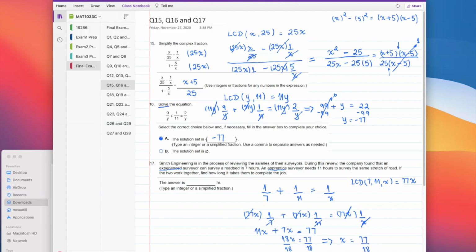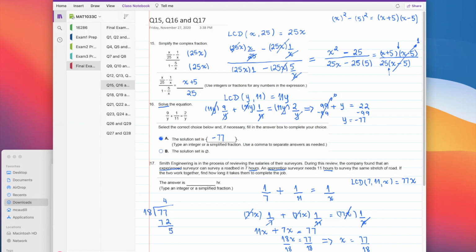What does this x represent? It represents the number of hours when they work together, the experienced and the apprentice surveyor. And this is a weird number. How many hours is that? So if I divide 77 by 18, I get 4 here. 18 times 4 is 72.